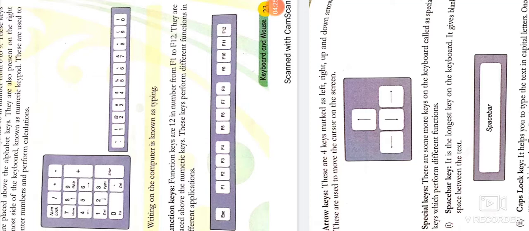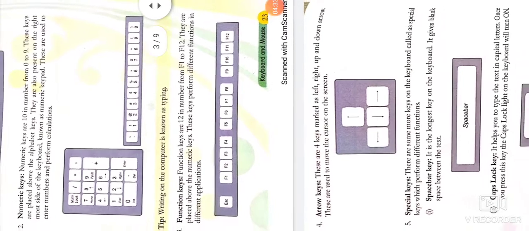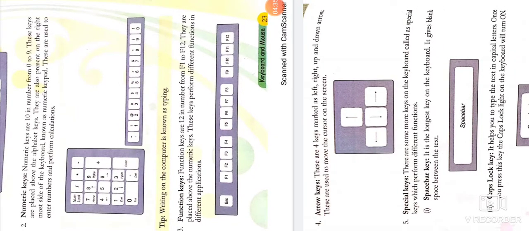If you see the keyboard, these F1 to F12 keys are there. 12 function keys. They are placed above the numeric keys. These keys perform different functions in different applications.